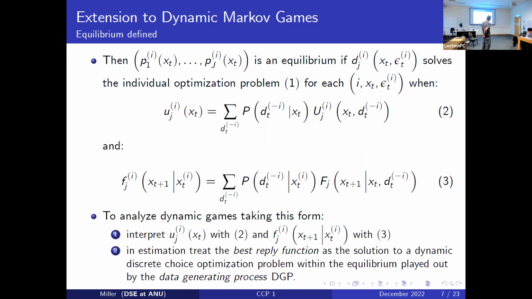And this transition function is just the transition function I get when I take action J. The state variables, x_t, could be for me, or maybe they're the variables for everybody here, depending on how much I see of everybody.